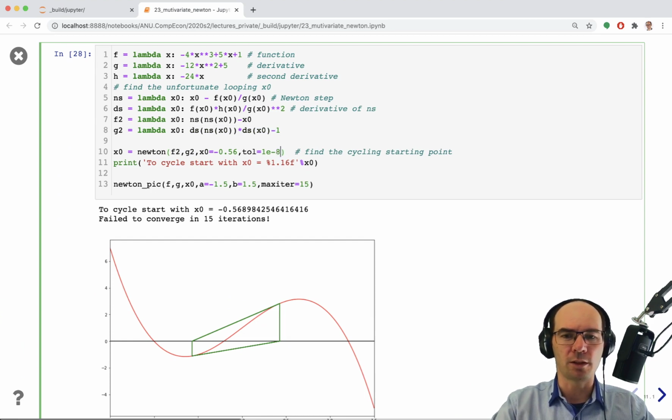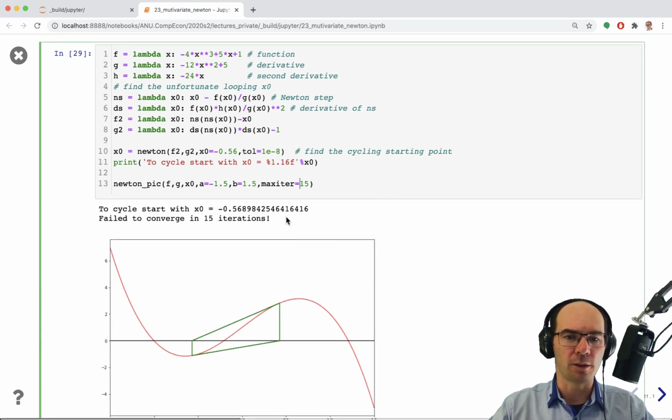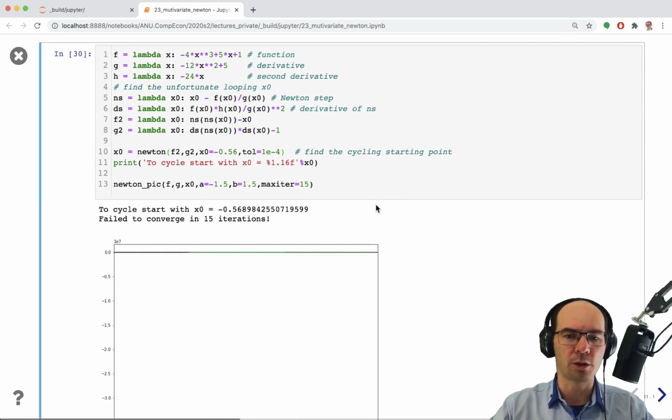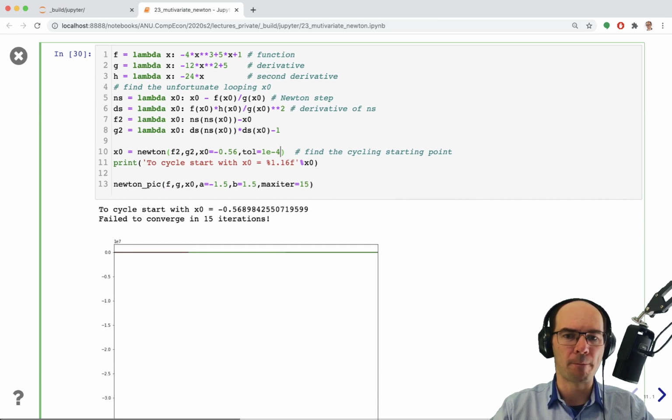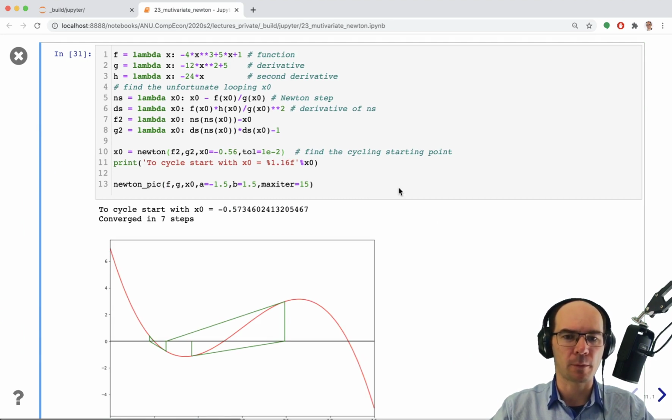And here is an interesting point. If you don't do it precisely enough, let's do it to the 4th degree of precision. Fail to converge in 15 iterations. Am I doing everything right here? Oh yeah, there we go.